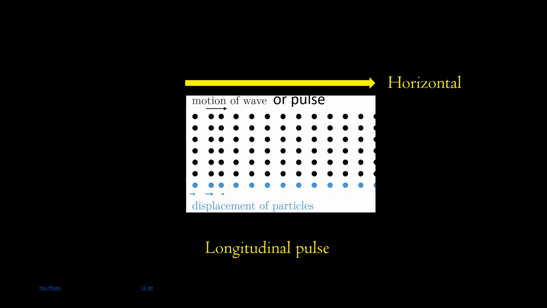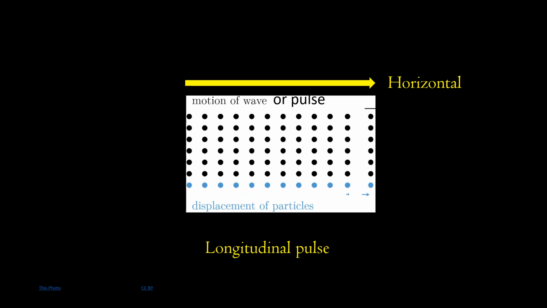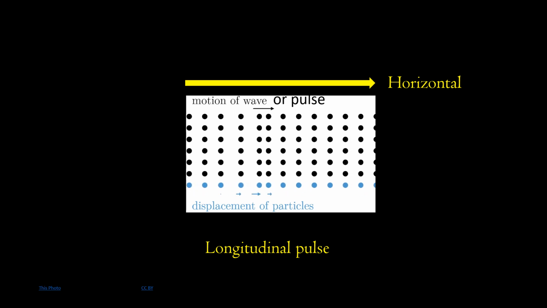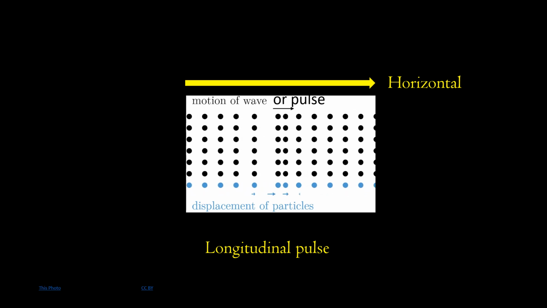The medium is made up of small particles represented by these black circles. As the pulse sweeps through the medium from left to right, the particles of the medium are displaced in the same direction as the pulse, horizontally.